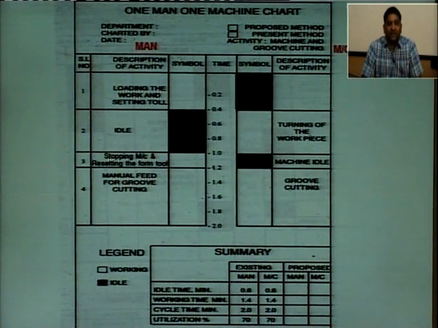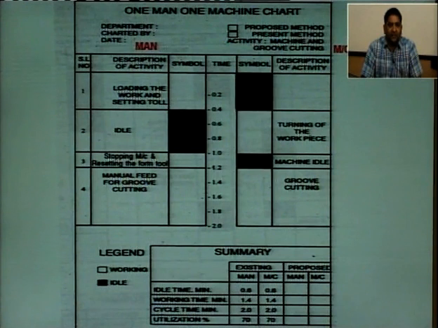Symbol is empty rectangle, means during that particular time, say 4 minutes, he is loading the workpiece on the machine, means he is working, and during that 4 minutes, on the right hand side of this chart you can very well see what the machine is doing. It remains idle. So, we will put a symbol of rectangle and fill it with black color.